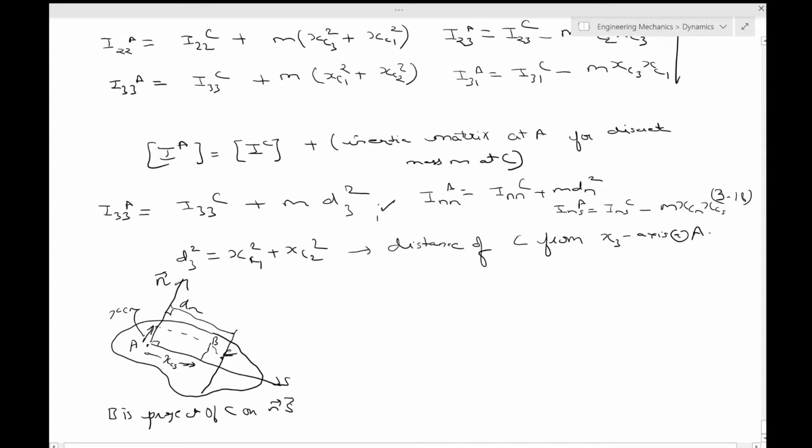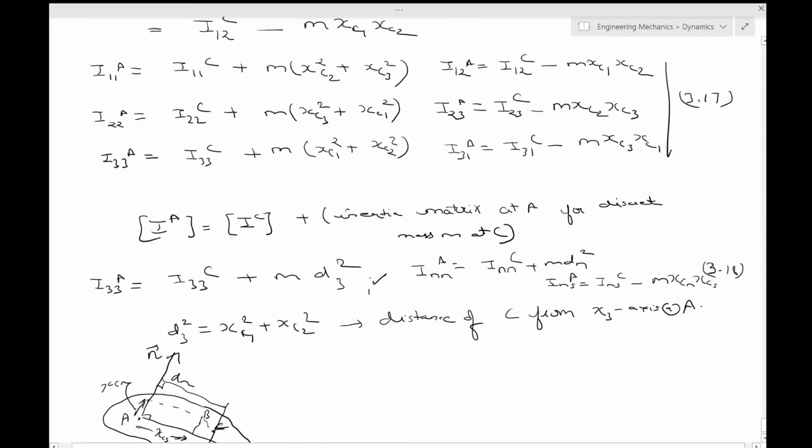So this is the most general form, and you can write either 3.17 or 3.18 if you want to write in terms of d1, d2 and d3. You have this dn which is common over here, so either of them are okay.